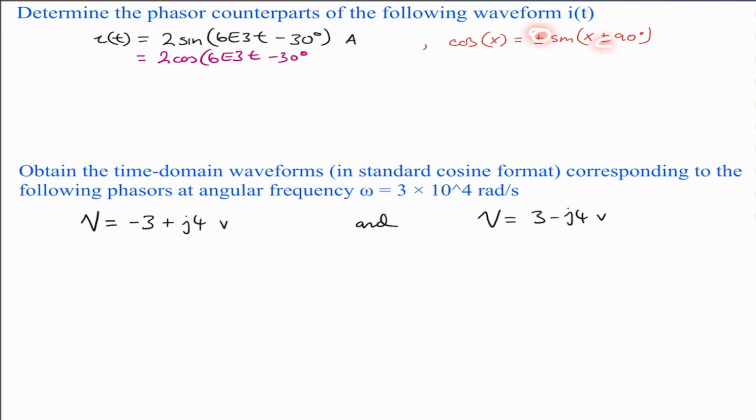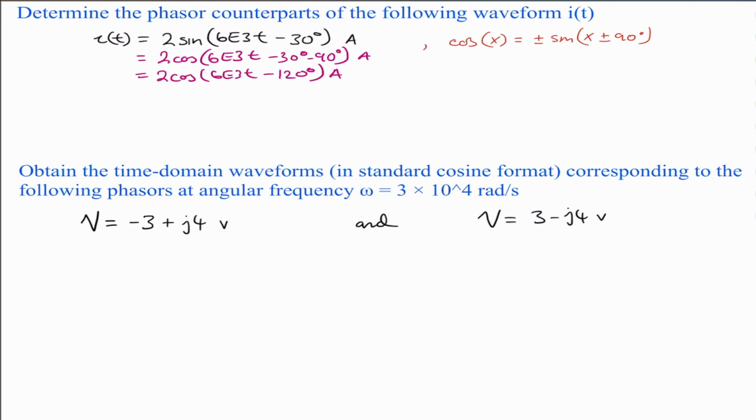So positive sign and we minus a 90. So we end up with negative 120 degrees, so we can rewrite that as 2 cosine of 6 times 10 to the third t minus 120 degrees.